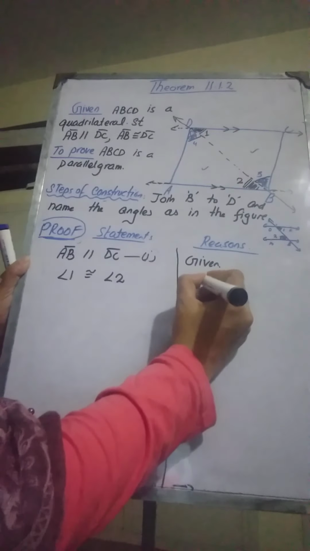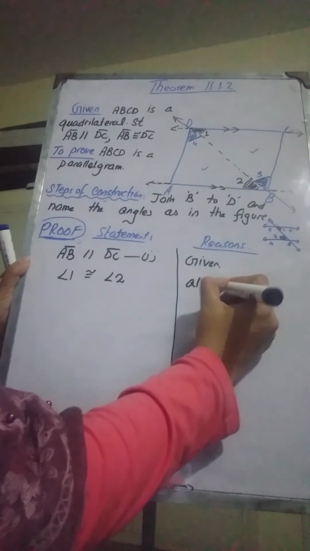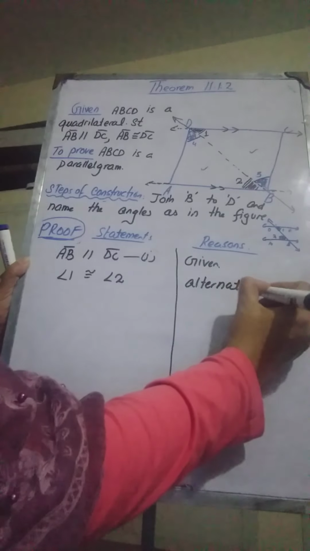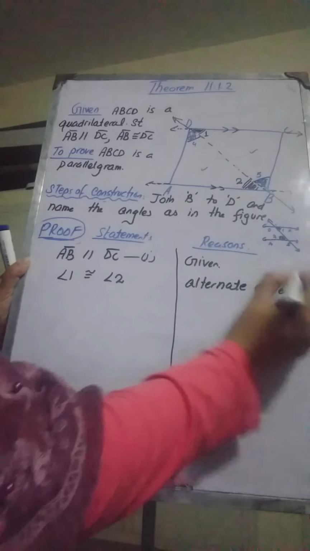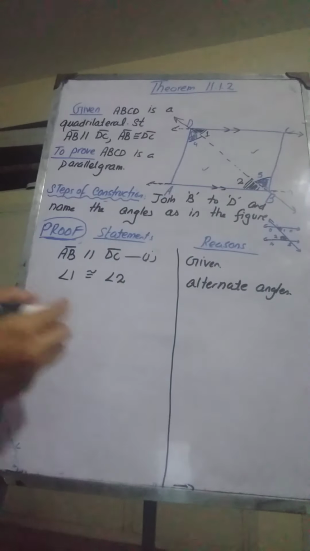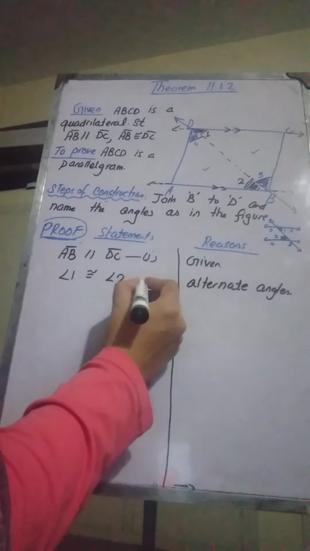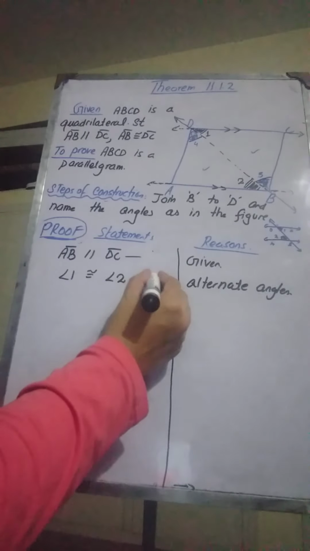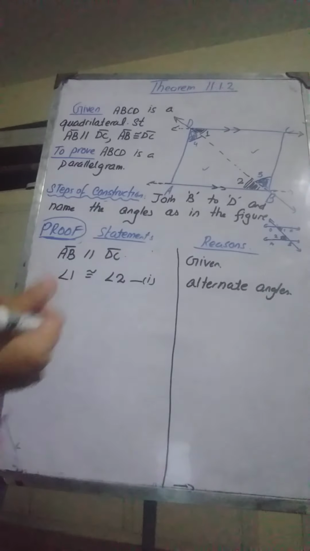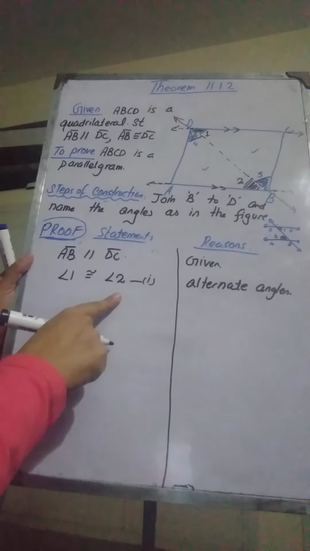This is because they are the alternate angles which are formed with the help of these parallel lines and this transversal. We don't need this equation, okay. Angle 1 is congruent to angle 2.